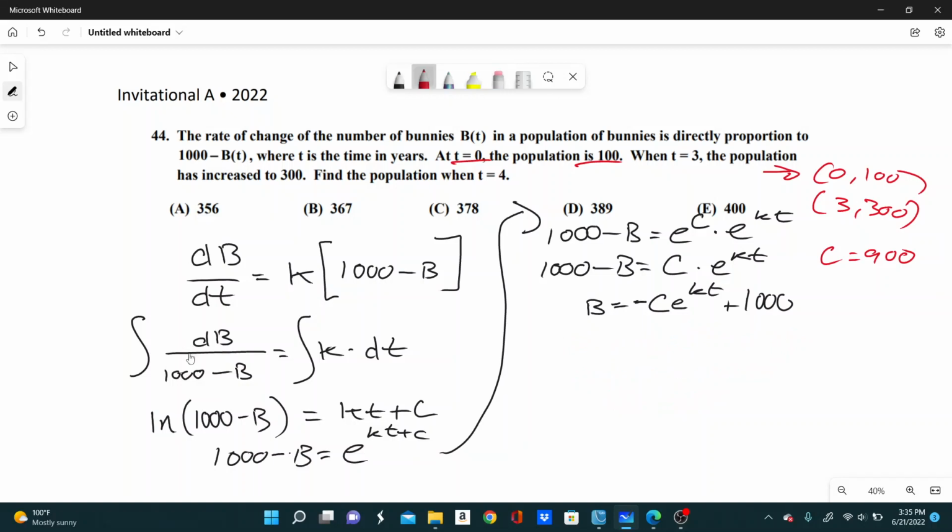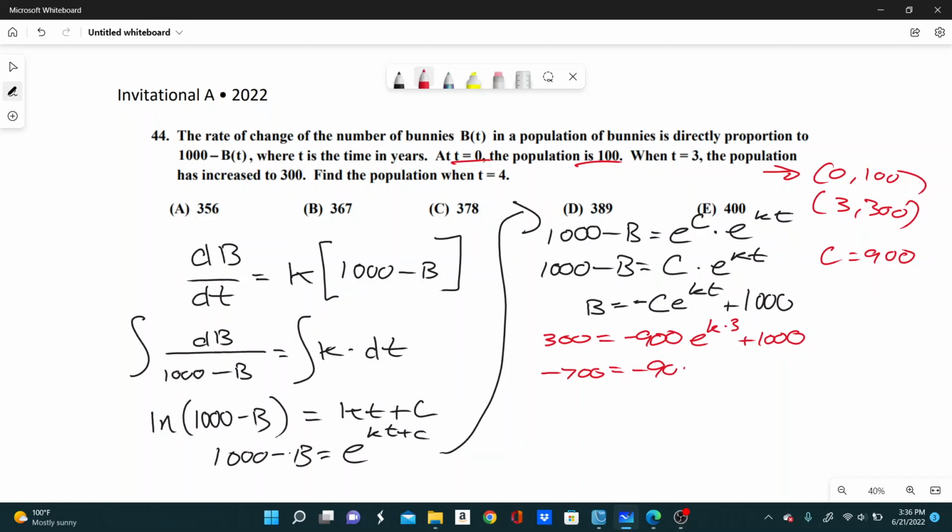And now we can use our other point to find out what k is. So using (3, 300), population is 300, equals negative 900 e to the k times 3 plus 1000. Now we can solve for k. We subtract both sides by 1000. 300 minus 1000 is just negative 700.